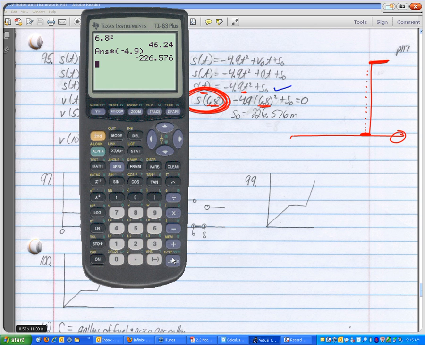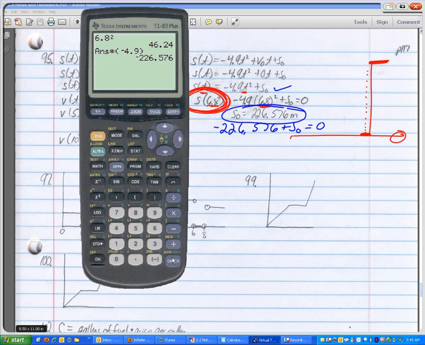I skipped this step. So I get negative 226.576 plus s0, the initial position, equals 0. So add 226.576 to both sides, and you get s0 to be 226.576.